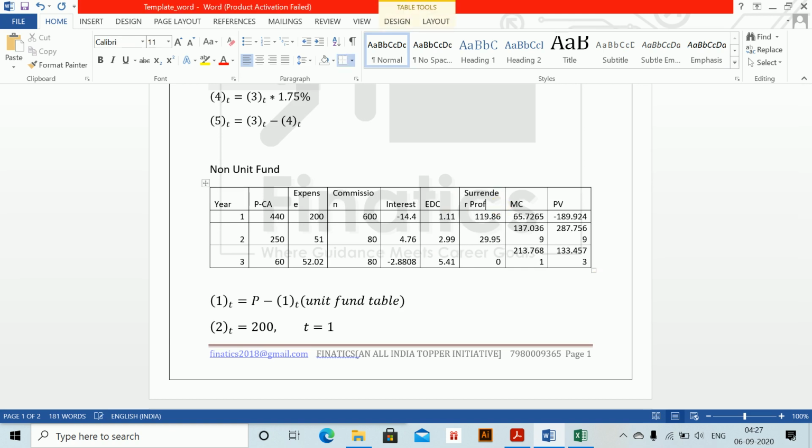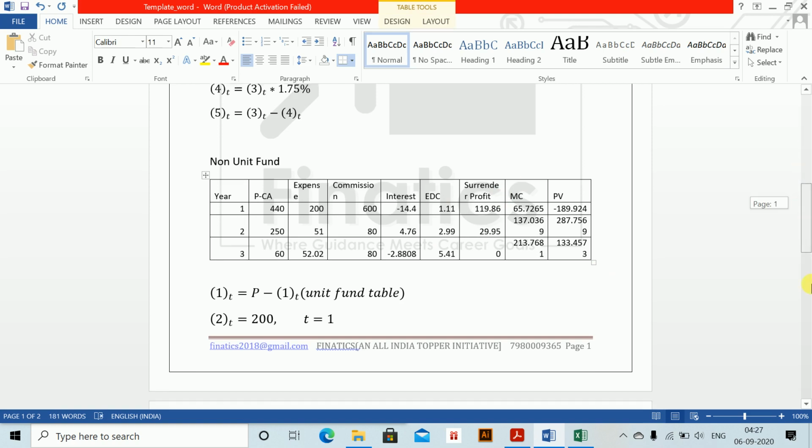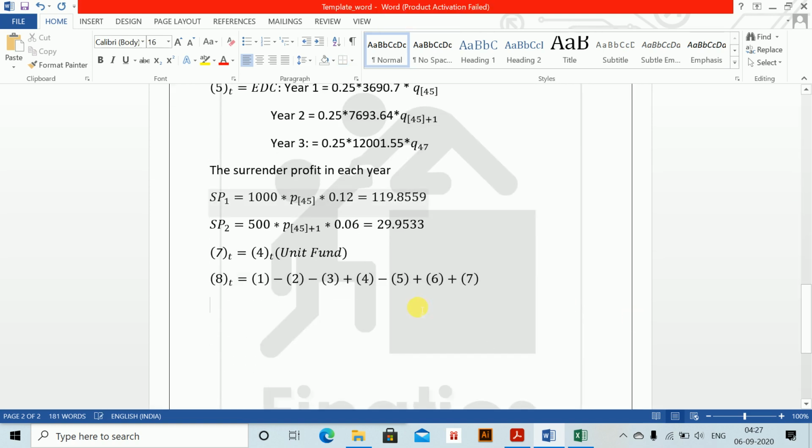So surrender profit. Now you can just go on. 1 minus 2 minus 3 plus 4 minus 5 minus 6 minus 7. So this is now your profit vector. Now you can calculate your NPV.